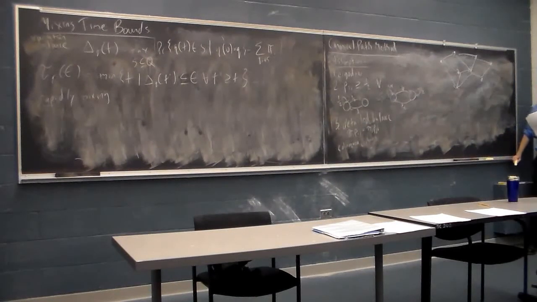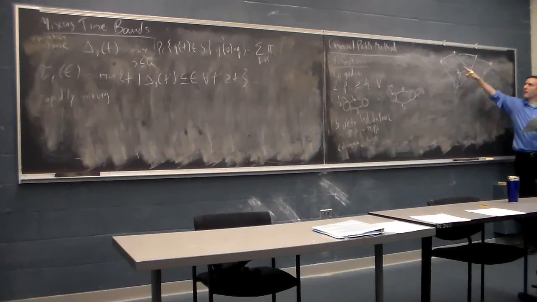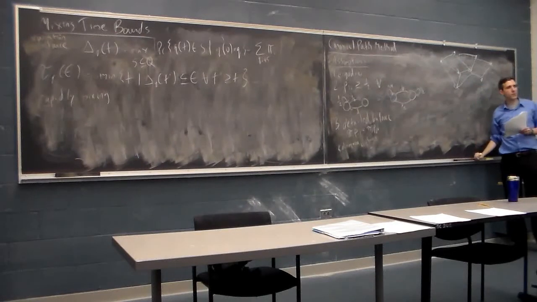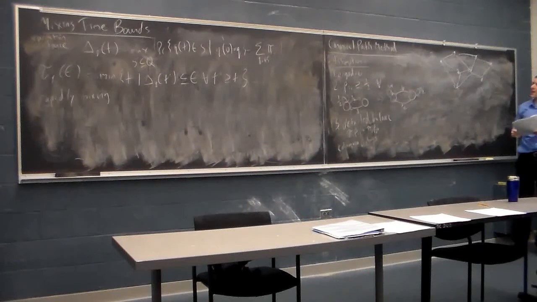So what the canonical path method says is that essentially, if you can pick a way of getting from any one point to any other, and you can do this in a way that no individual edge in the graph gets too much use on all of these paths you're picking, then you can show that the Markov model doesn't have a long mixing time.